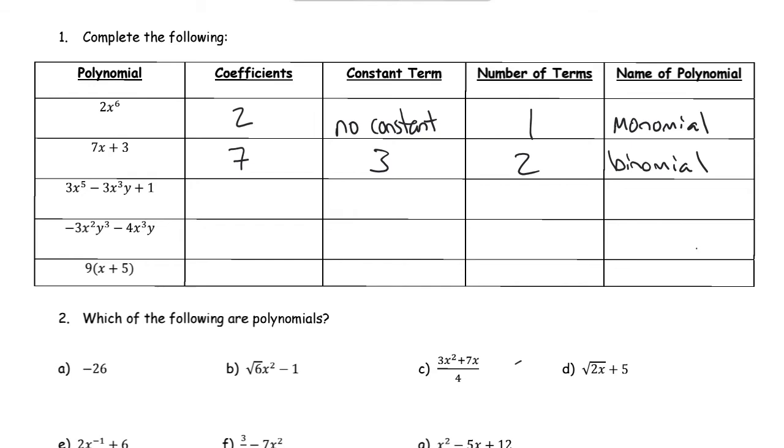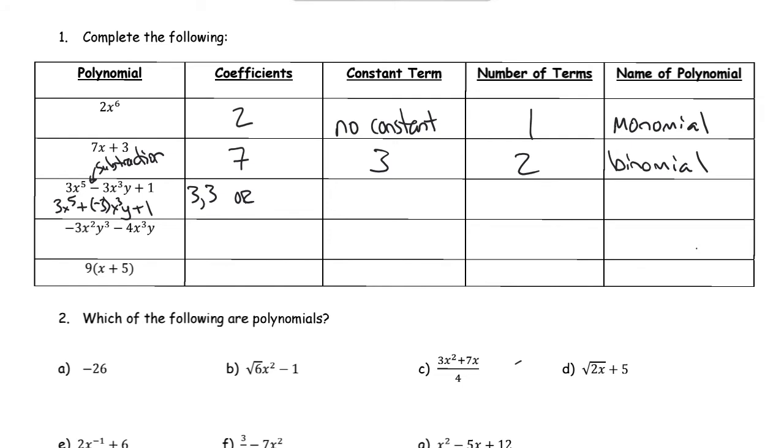Now, this next one has a little bit more going on. It's got 3 terms. Now, for the coefficients here, there are 2 ways you could look at this. You could think of this as 3 and 3, looking at it as the operation of subtraction. Or I could look at this as 3x to the 5th plus, and think of that negative as being part of that 3.